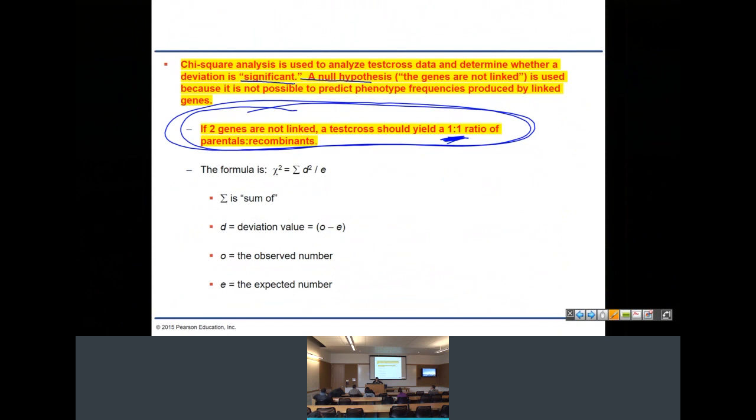So really what you want is to disprove your hypothesis. You want to find out that there's a significant difference between observed and expected, and that they don't sort independently, which would mean they're linked, and you could proceed.